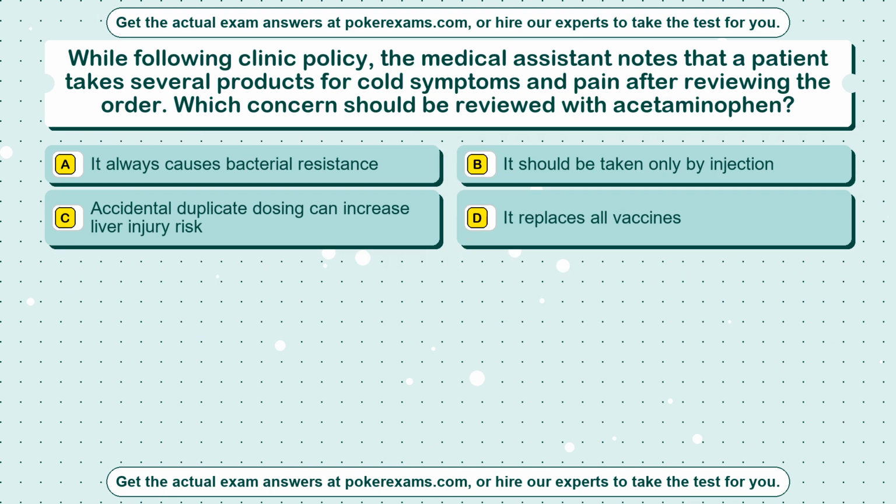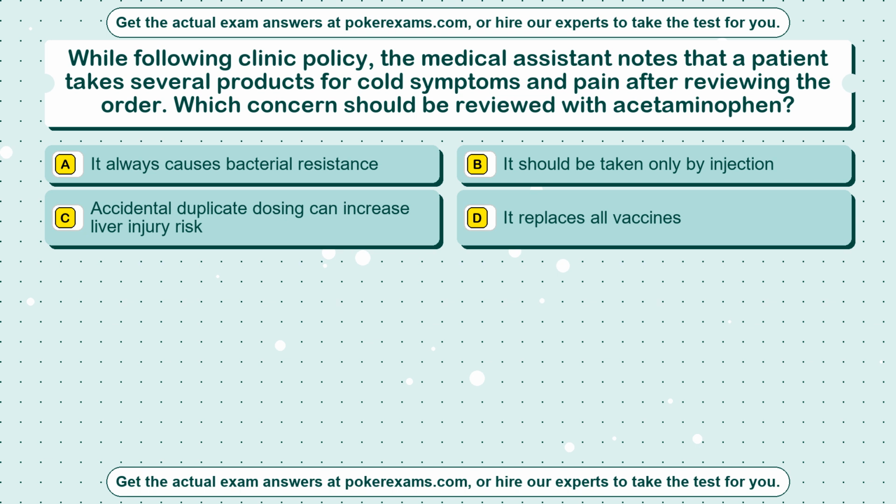Question 42. While following clinic policy, the medical assistant notes that a patient takes several products for cold symptoms and pain after reviewing the order. Which concern should be reviewed with acetaminophen? Option A. It always causes bacterial resistance. Option B. It should be taken only by injection. Option C. Accidental duplicate dosing can increase liver injury risk.